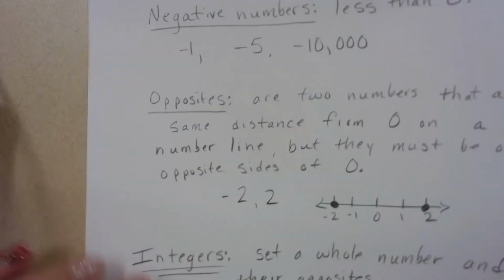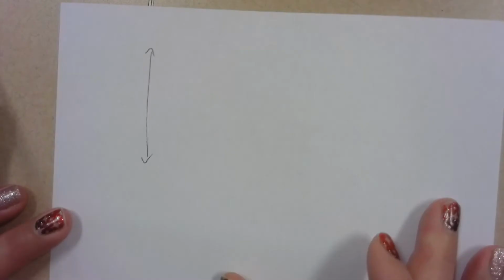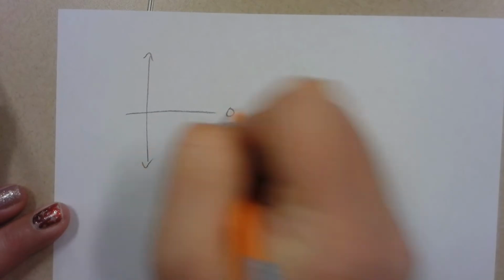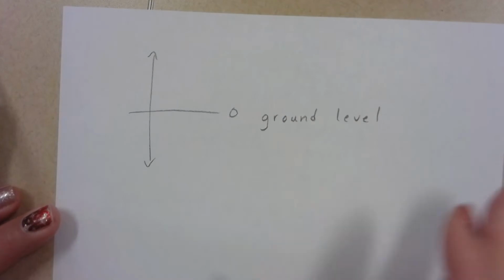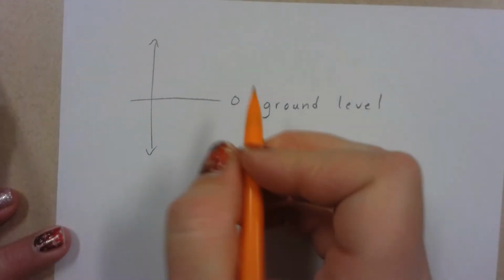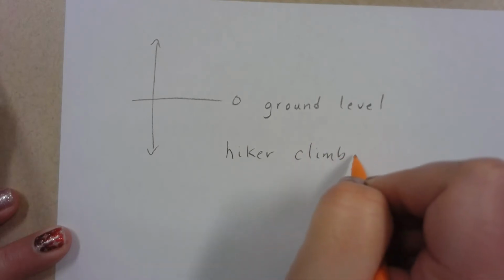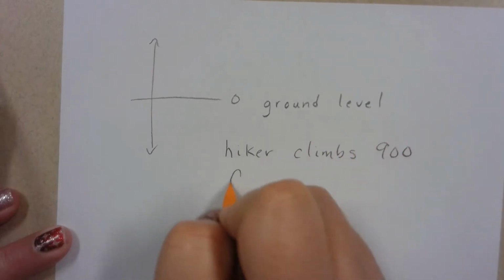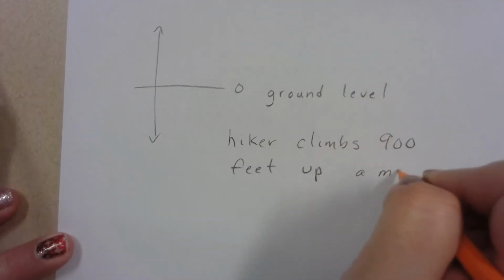Okay, so using integers to describe some real world situations. Also think about not just a number line, but also up and down. If you think of it this way, and this is 0, this could be the ground level. Let's say we talk about a hiker who climbs 900 feet up a mountain.